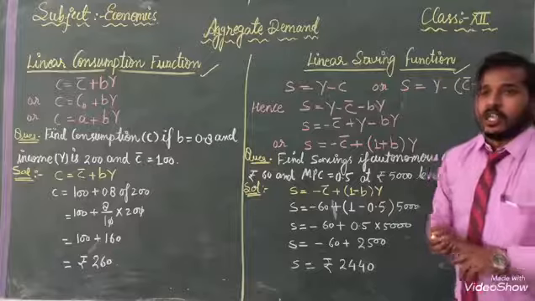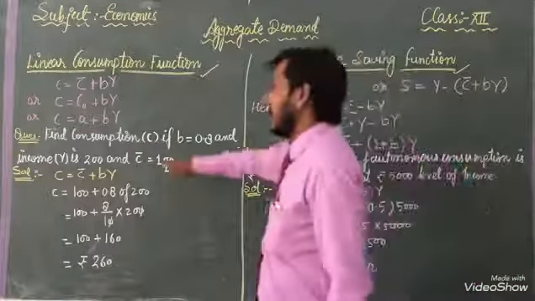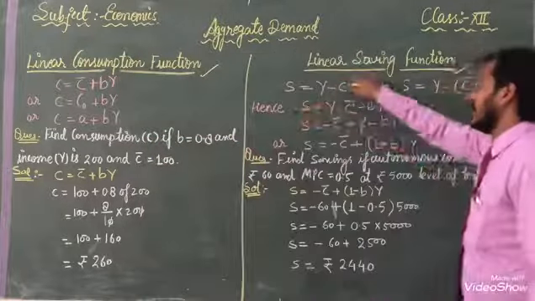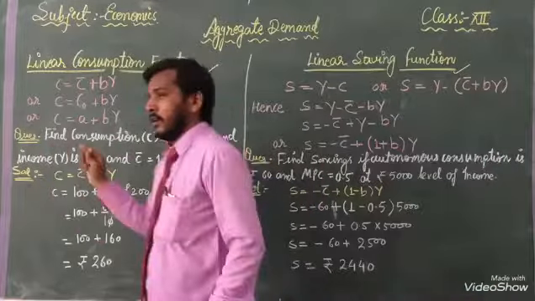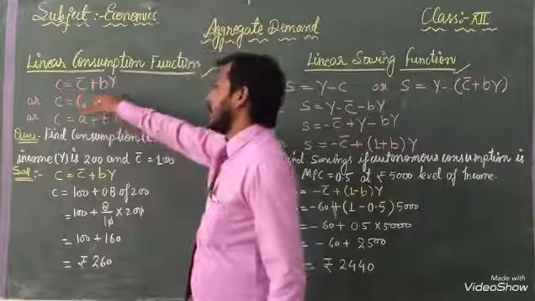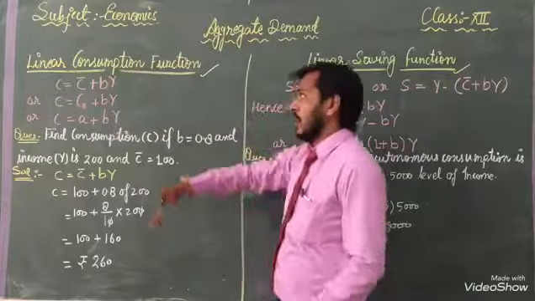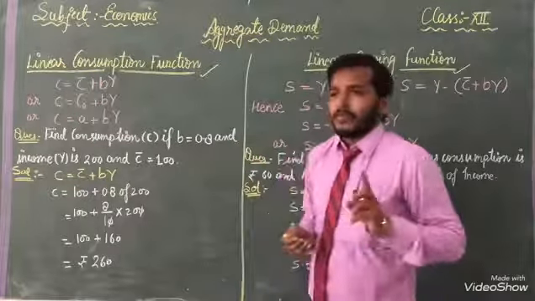So once again, we have to come to the formula for how we can calculate the linear consumption function and the linear saving function. C equals C bar plus B y is one form of calculating the linear consumption function.